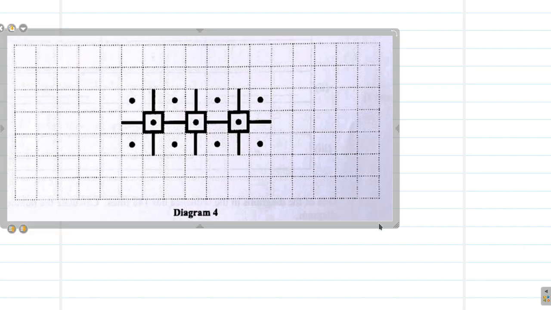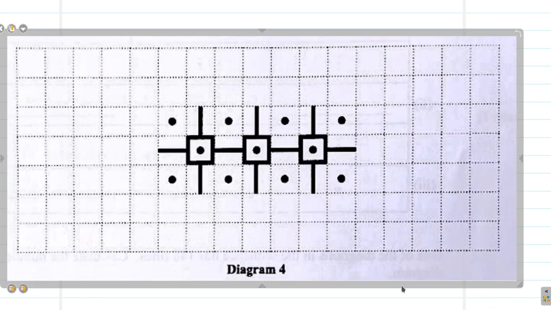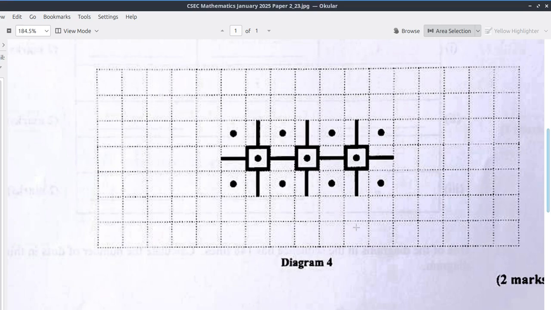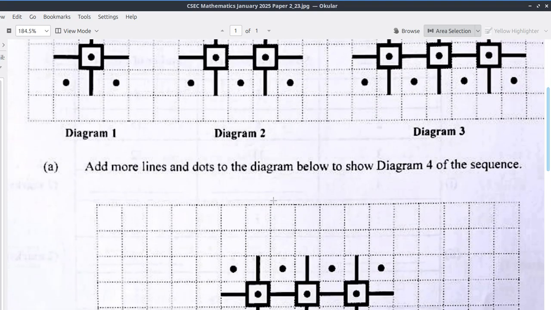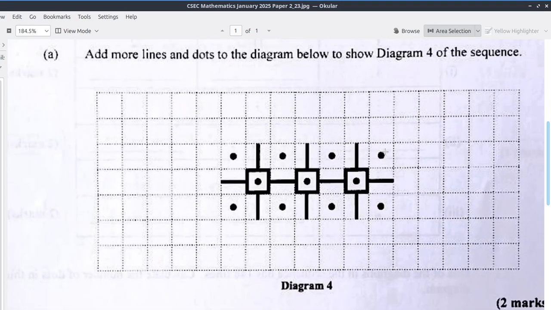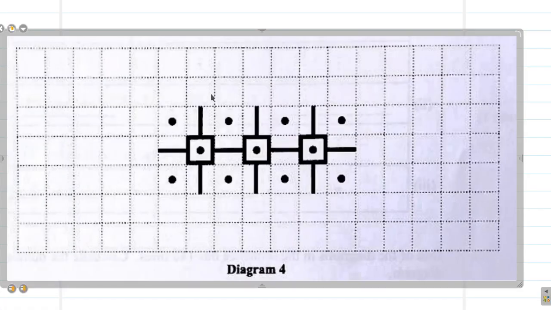We're going to show diagram 4 of the sequence. Now, if you look at this, you can follow a similar pattern to get the new diagram.